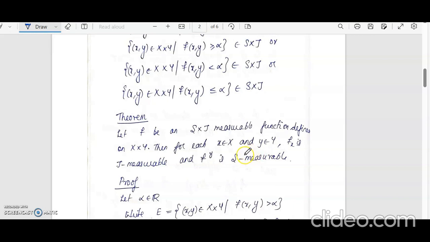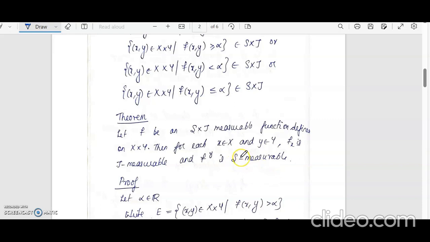So if E belongs to S cross J, we have seen that Ex will belong to J and Ey will belong to S. The same way here, if f is an S cross J measurable function, then fx, a function defined on the space y, will be J measurable, and fy, a function defined on the space x, will be S measurable.